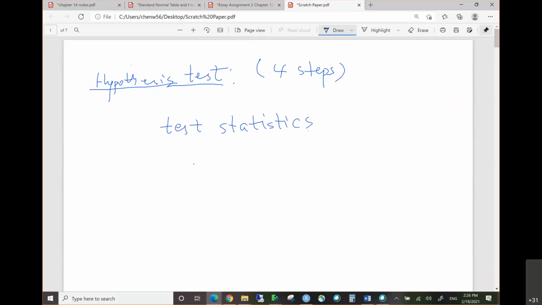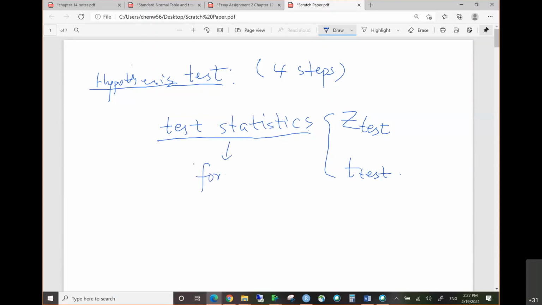This test statistics includes either a Z test statistics or T test statistics, right? So how can we get this test statistics? Do we find it from the table? Where do we get this test statistics?